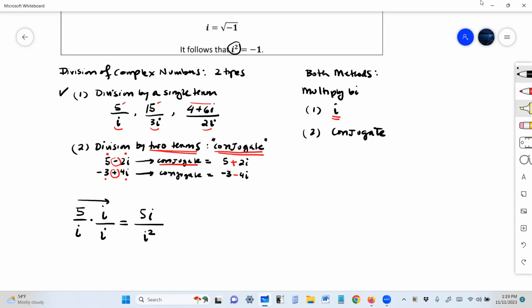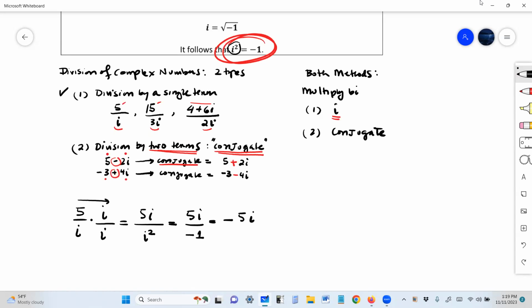Now keep in mind, as we said before, whenever you see i square, you have to make a substitution. So this will be 5i divided by minus 1, which is obviously, don't leave a minus at the denominator, so that will be minus 5i.